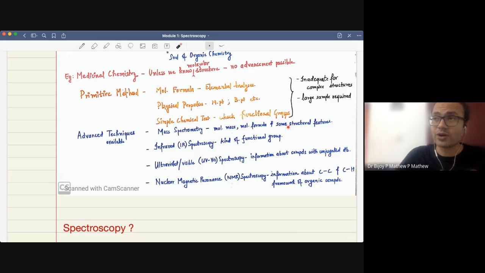Okay, then another important technique in spectroscopy is infrared spectroscopy. This particular technique is basically used to determine the kind of functional groups present in an organic compound. As I told you, in primitive methods we used chemical tests to find out what kind of functional group is present in your organic compound. Infrared spectroscopy is so powerful that you do not have to do any single experiment.